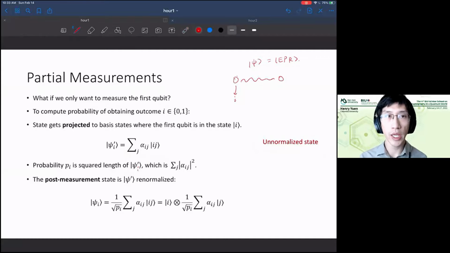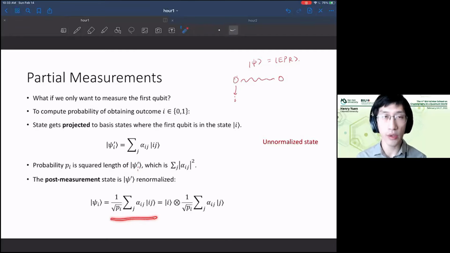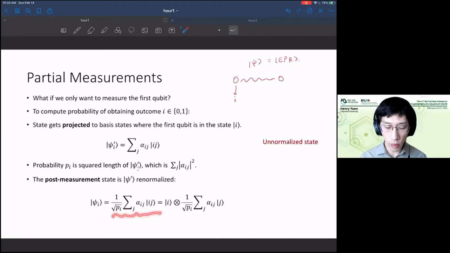And then you have to renormalize this state to get a new quantum state. So you just multiply by 1 over the square root of this probability. And that is going to be the new state. That's what the state gets updated to. You can also factor out the first qubit.